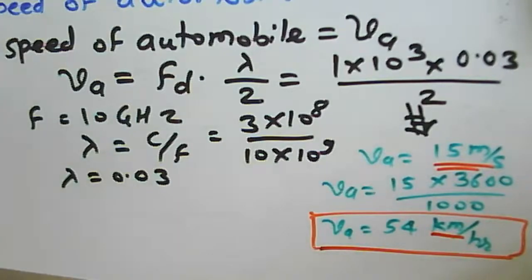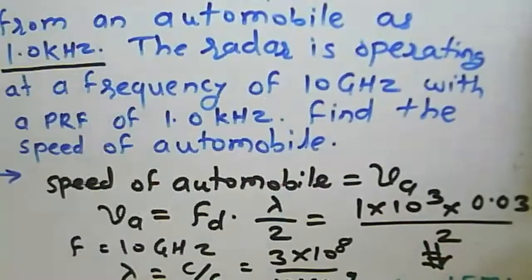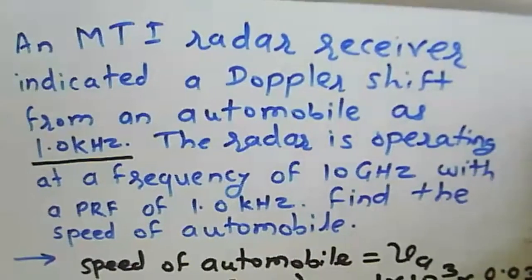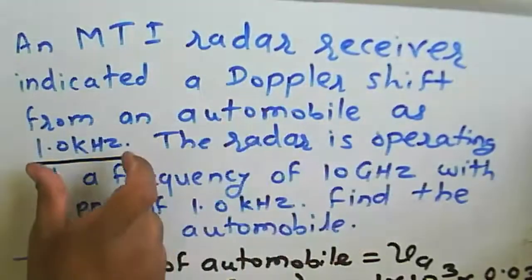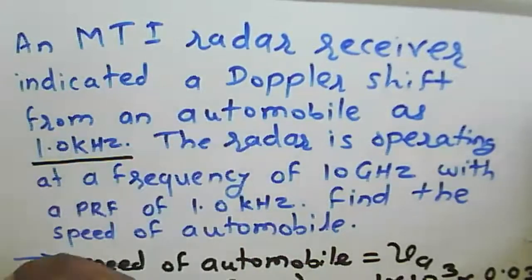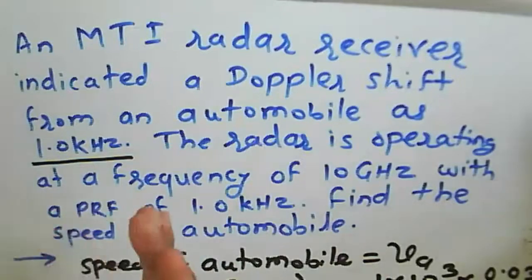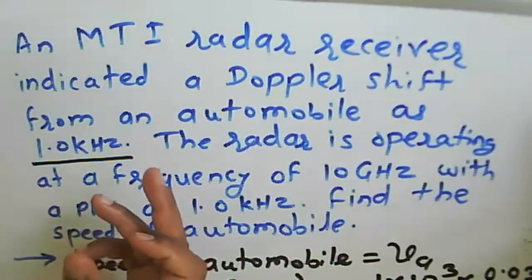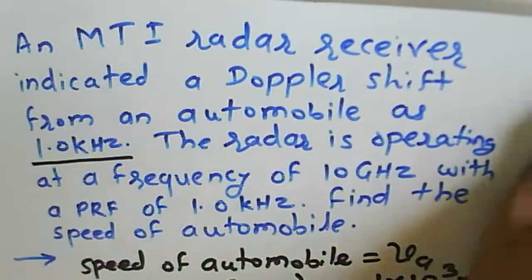Okay, so we can proceed further. Here the radar receiver indicated a Doppler shift from the target. The radar sends the pulse, then there is a shift of frequency, so it is a Doppler shift of 1.0 kilohertz, and based on that Doppler shift we can find the speed of that target.